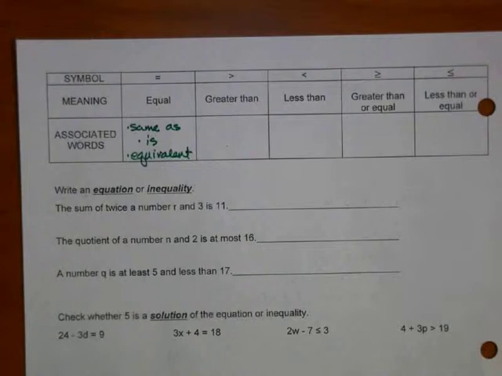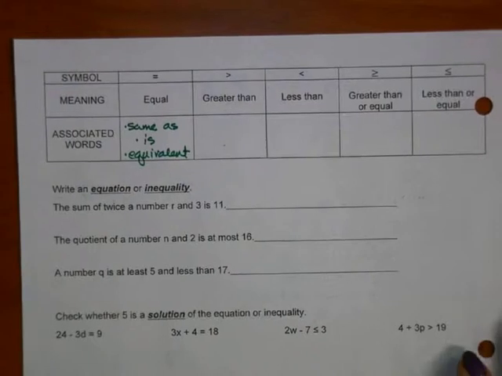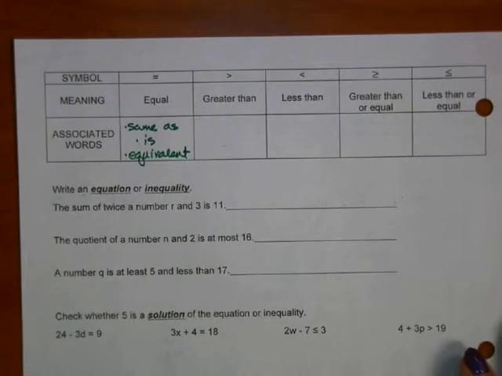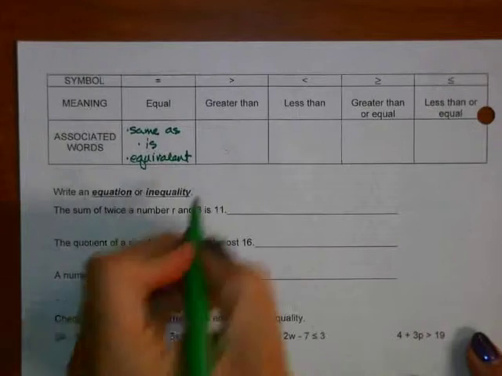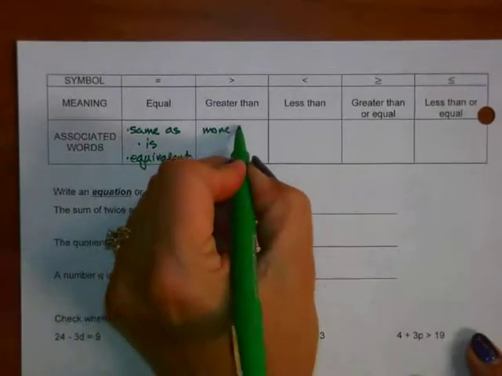All right, greater than. What's another way you might see greater than? At most? Oh, I see what you're saying. That's an operation involved with greater than. But if you were reading a story problem, what is another way it might be written? At most would be less than, so you're on the right track. Okay, so let's say more than might be another way it's written.